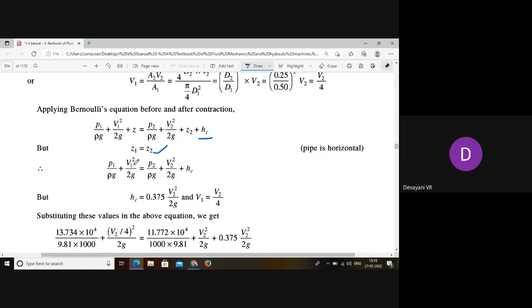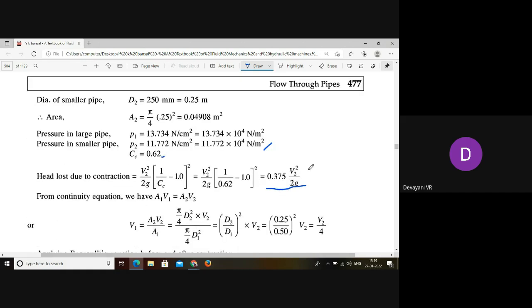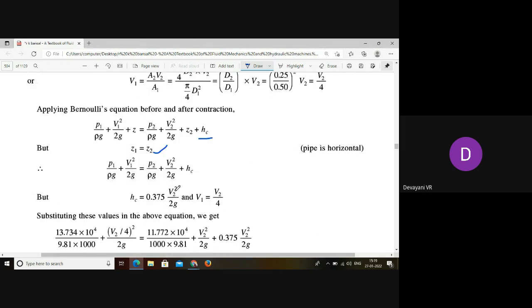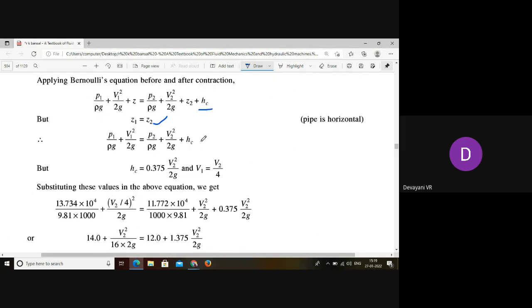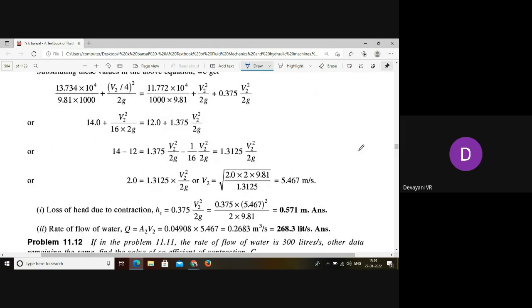And we know the value of V1, that is V2 by 4. So substituting the value and substituting the Hc value, what is Hc? 0.375 V2 square by 2g. Right? So substituting the values of Hc and V1 in this equation and simplifying, we can get V2 as 5.467 meters per second.